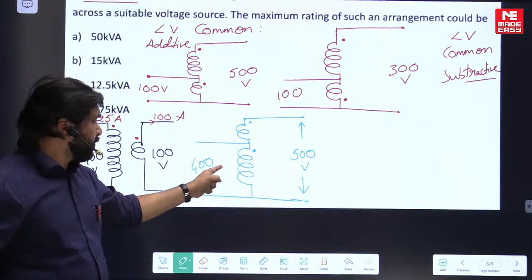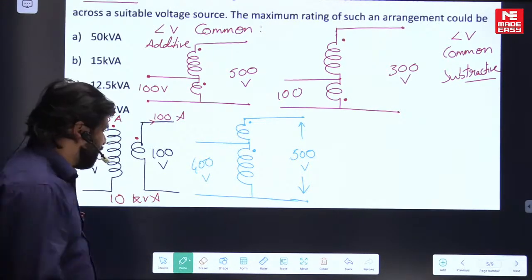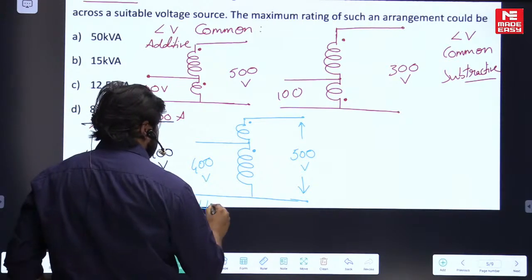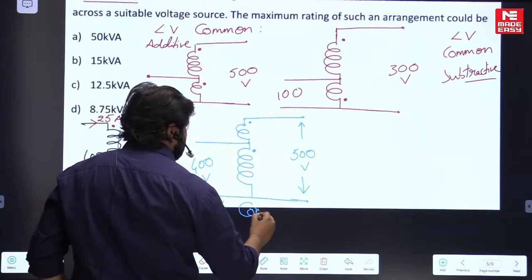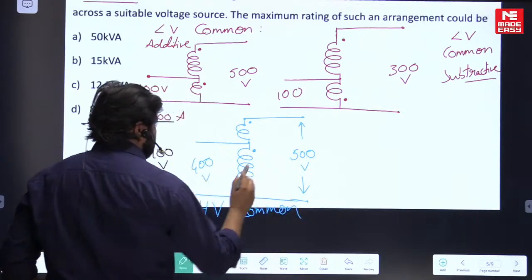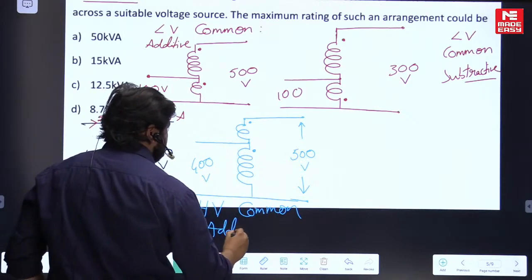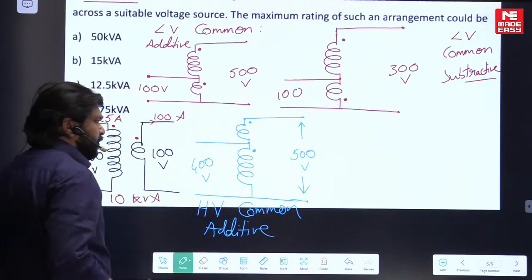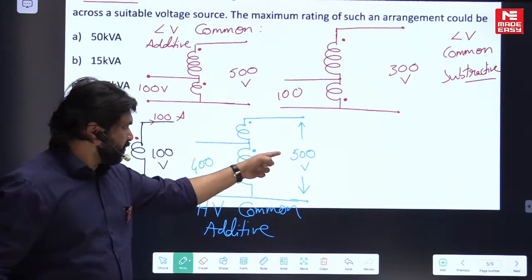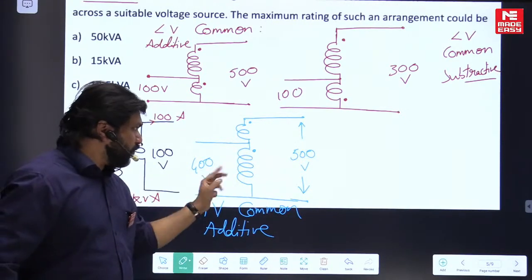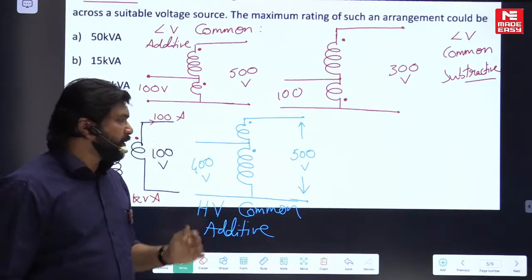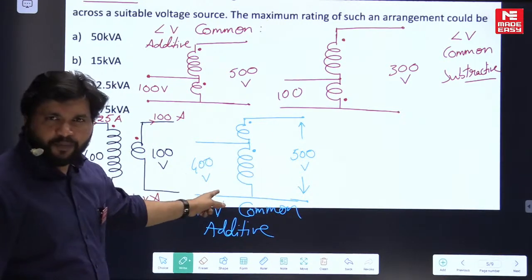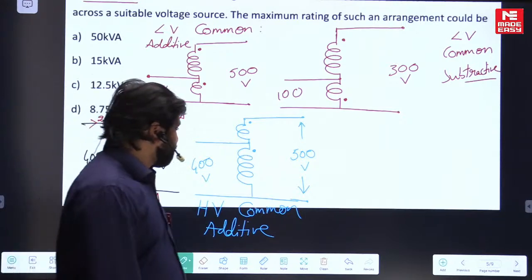Here you have to write HV as common, additive polarity. This can be step up, this can be step down, two ways are there. Next, the other mode is HV common, subtractive polarity.